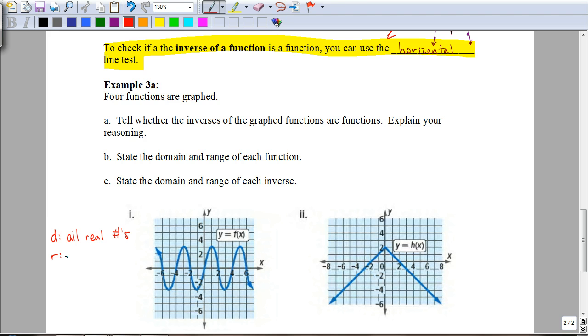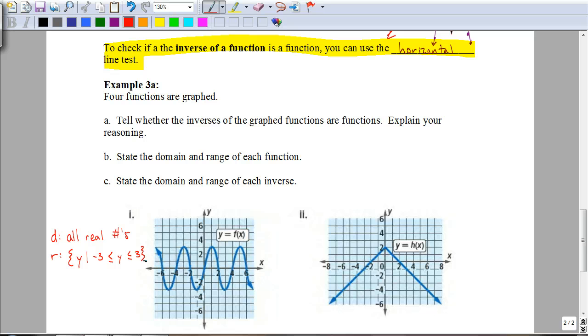The range for this along the y-axis goes from a positive 3 to a negative 3. So the way that we'll write this is the set of all y's such that negative 3 is less than or equal to y, which is less than or equal to positive 3.